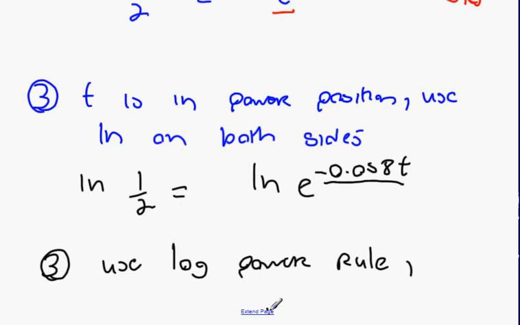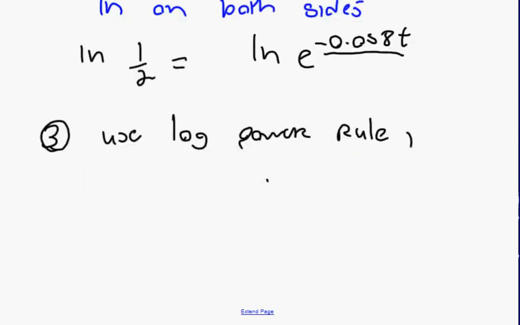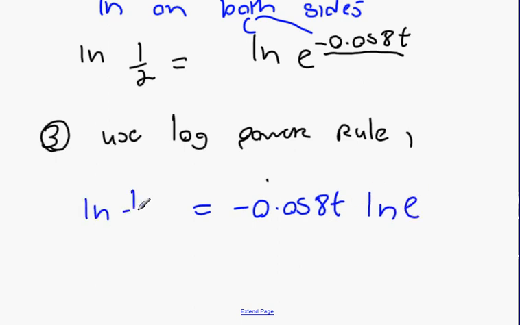So step 3, use the log power rule. Bring the power to the front, and what we get is minus 0.058t ln e equals ln a half. Next, ln e equals 1. It's not so much a step as it is part of the last step.